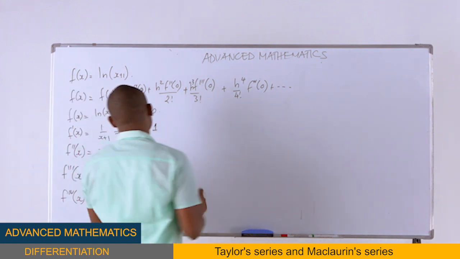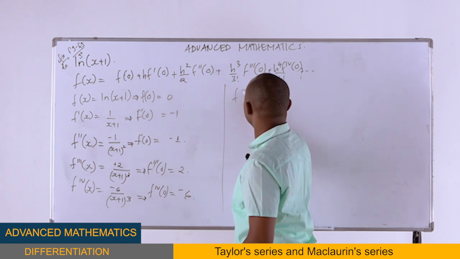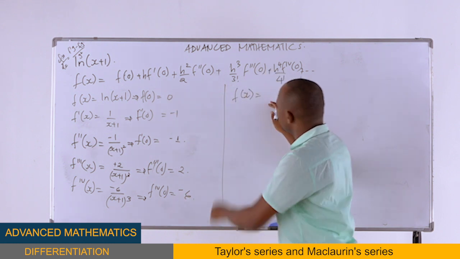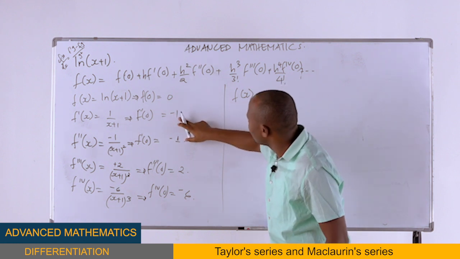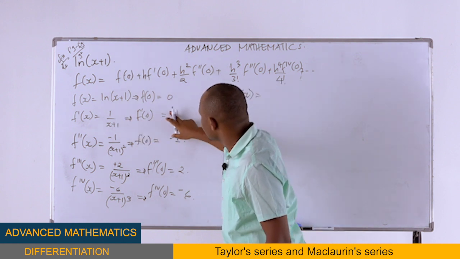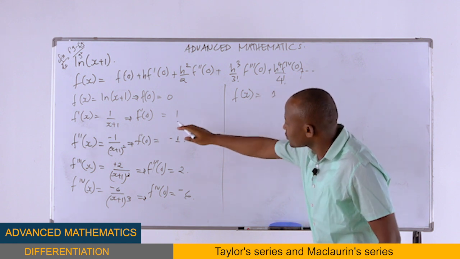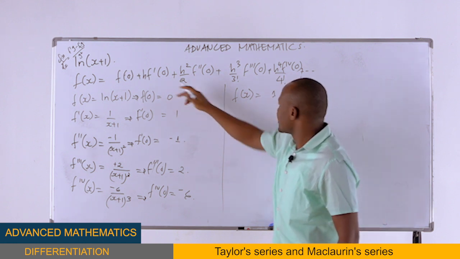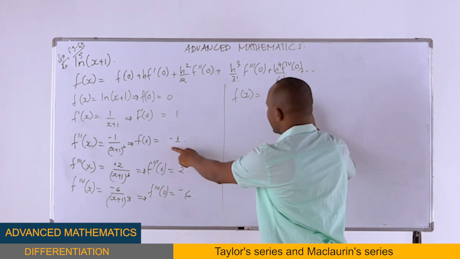Now collecting those, our series, we shall have f of x equals to what? F of 0, that is 0, then 1, that is positive 1, times h, plus, but that is negative.